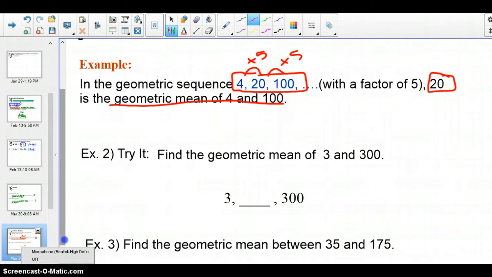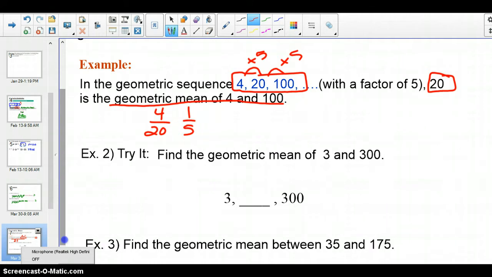So the way you figure this out and the way it's related to ratios is this. If you looked at these 3 numbers, 4, 20, and 100, and you found the ratio between the first 2, you looked at 4 over 20. And if you simplified that, you would know that that's 1/5. That ratio between the 4 and the 20 is just 1/5.